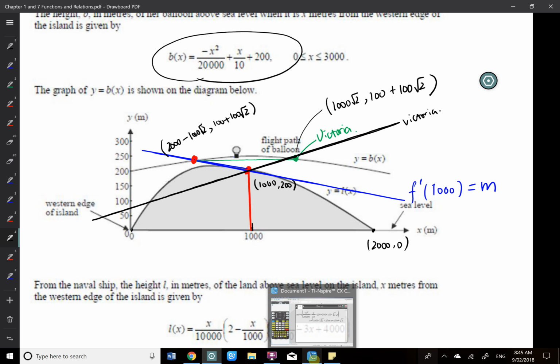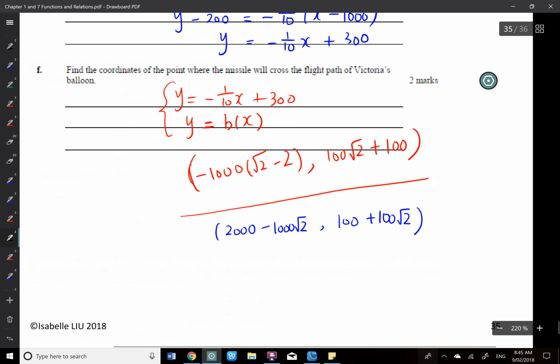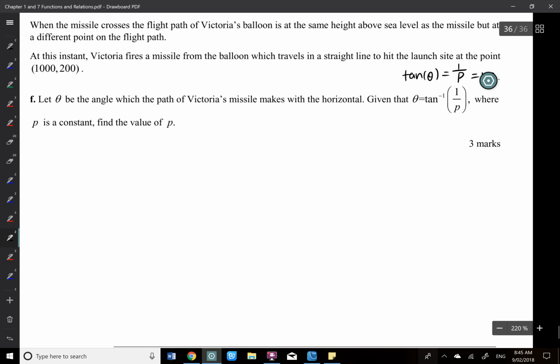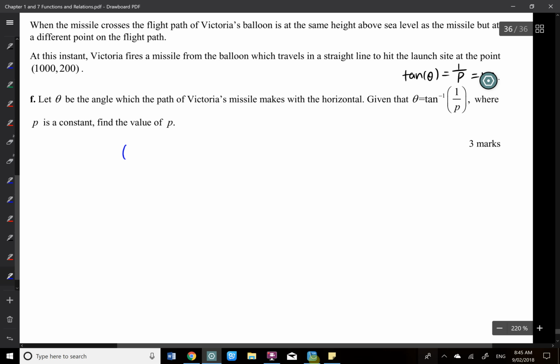We solved that by using the calculator, same height, and solve for it. So if we write this here, one point is 1,000 root 2 comma 100 plus 100 root 2, and the other point is 1,000 comma 200.